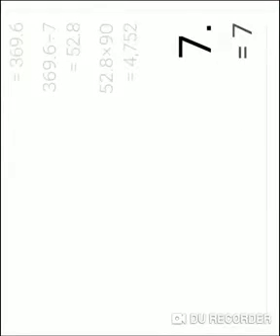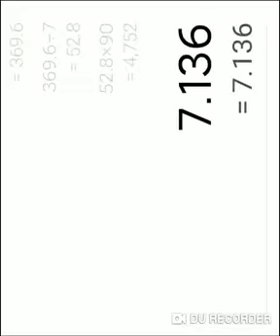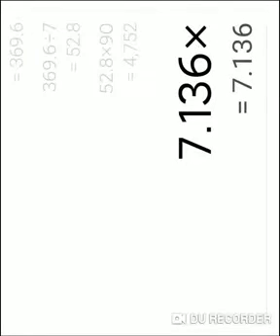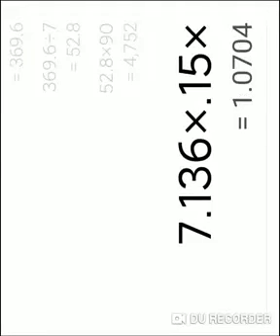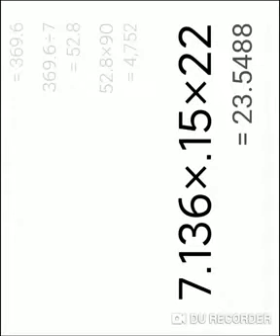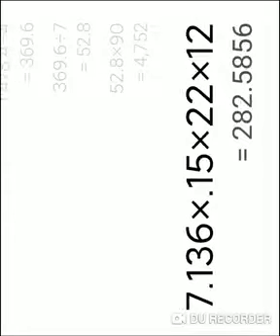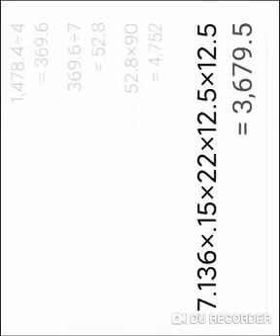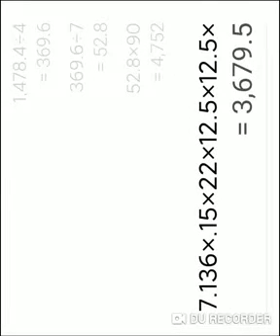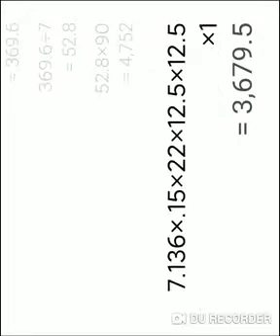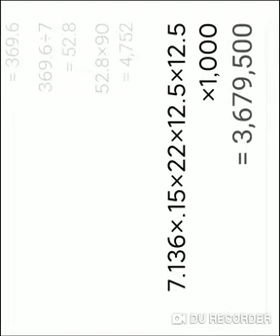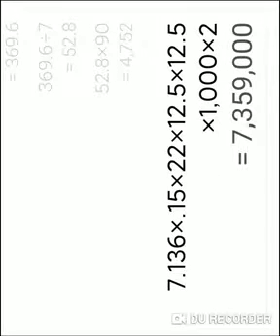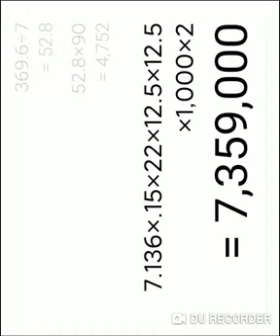7.136 multiplied by 0.15 multiplied by 22 multiplied by 12.5 square, means 12.5 multiplied by 12.5. It is multiplied by 1000, multiplied by 2. So your answer becomes this.